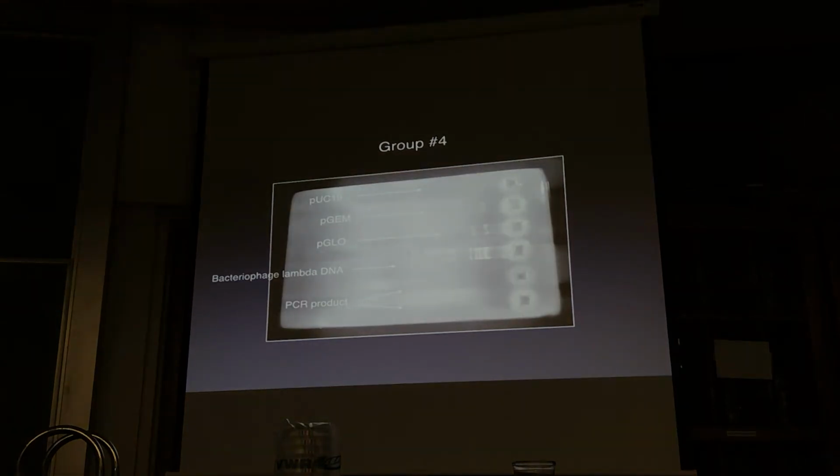Here's gel number 4. Again, you can see the standard pretty clearly. It's very washed out color-wise. PCR product, not really showing up at all. And I'm not sure which plasmid is where. P-Glow is P-Glow. That was how it looked.